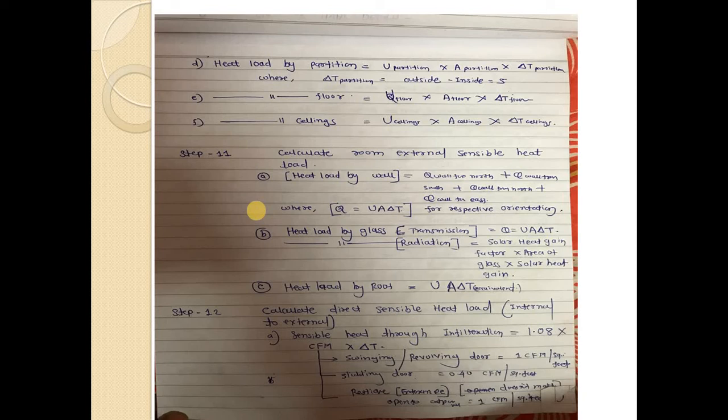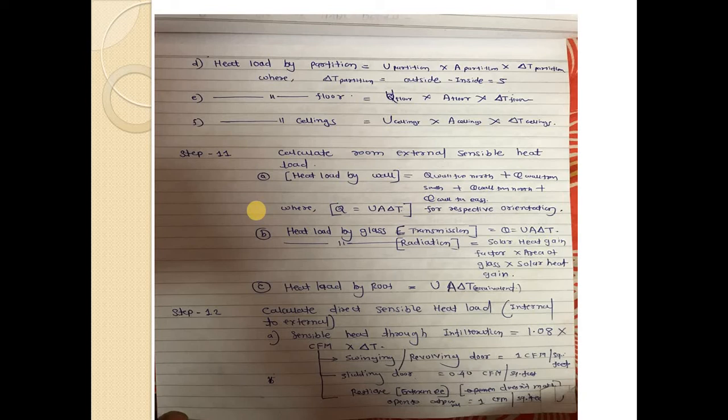Now here the heat load by the wall is equal to Q wall for north. Suppose the building is situated in the north direction, then the heat gain you must know is Q wall from the south plus Q wall from the north plus Q wall from the east.